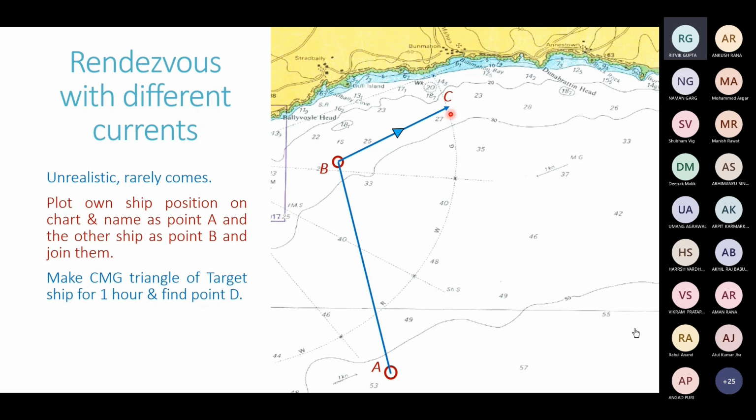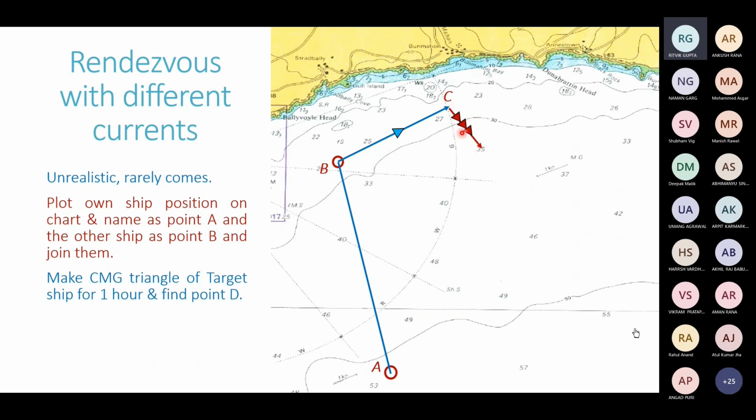Now from point C, I plot the current vector. This is the current which is given to us in the question, and the current which is acting at the target location. So this is the current vector here, the red color vector. Let's mark it with 3 arrows.